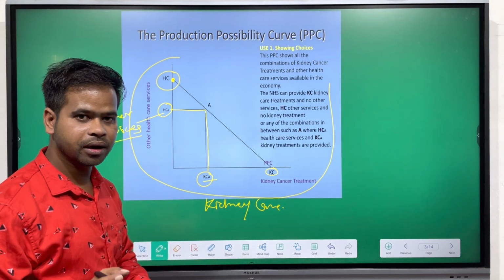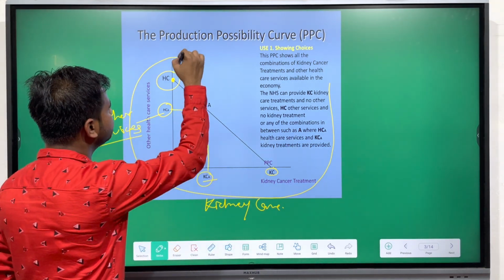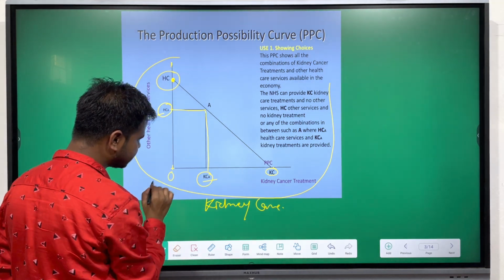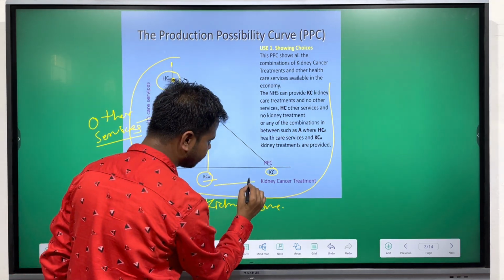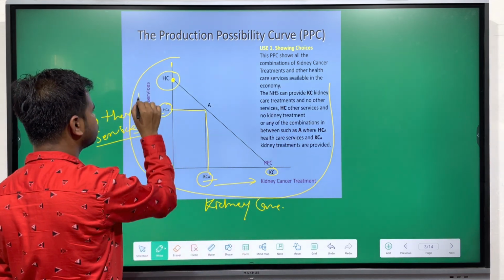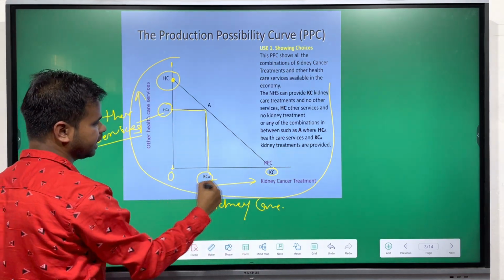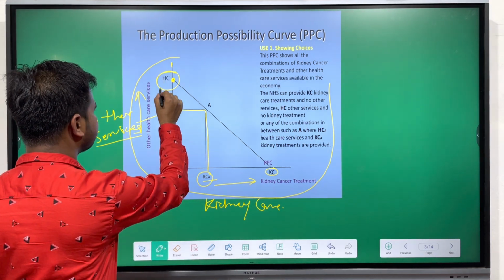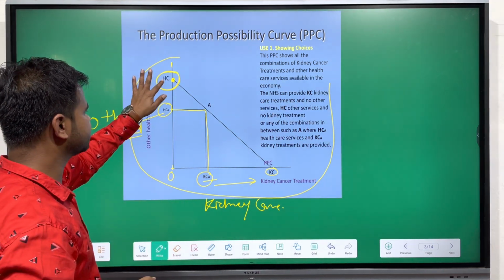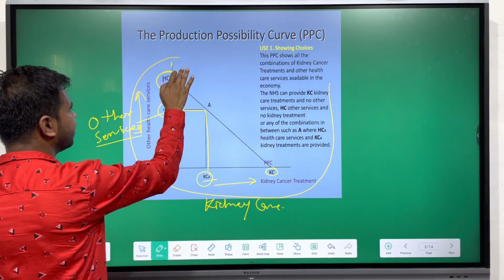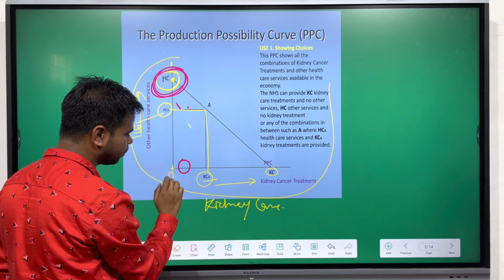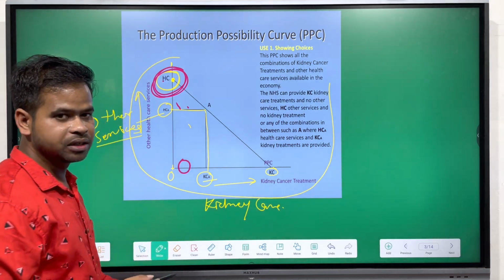As we know in this graph, this is zero and this will increase and this will also increase. This side increases and this side increases. So if we only care about the other healthcare services, then we only produce healthcare service, but kidney service will be zero.